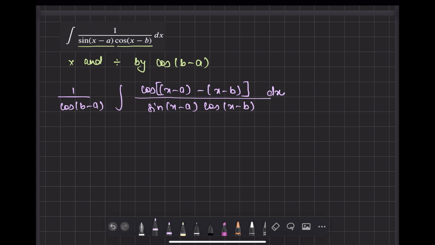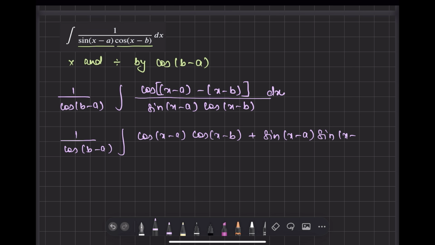Okay, so the point is, we will open the bracket cos b minus a, and we will have cos x minus a cos x minus b, and then plus sin x minus a sin x minus b dx.